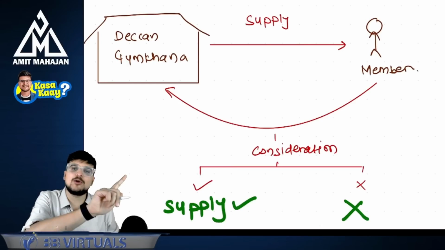And out of gratitude, they write my name on the nameplate that Amit Mahajan has donated 10 crores. That's it. Is this an advertisement of my business, that I paid 10 crores so that they will write my name and it will be an advertisement? Is this an advertisement cost for me? This is not an advertisement.